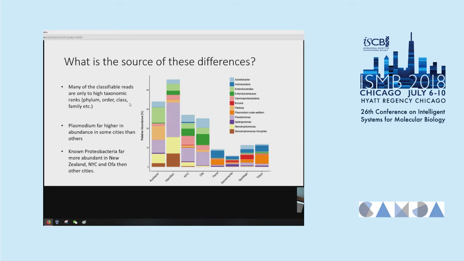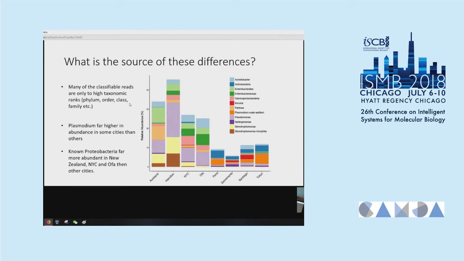Auckland, Hamilton, New York, and OFA have very considerable amounts of Pseudomonas, that light lavender color, which is far lower than in Porto, Sacramento, Santiago, and Tokyo, which in turn have higher amounts of Plasmodium, which seems to be much lower in the other samples, and so on. So even at this very high taxonomic rank, with just this handful of features, we can see these cities delineating and separating out.